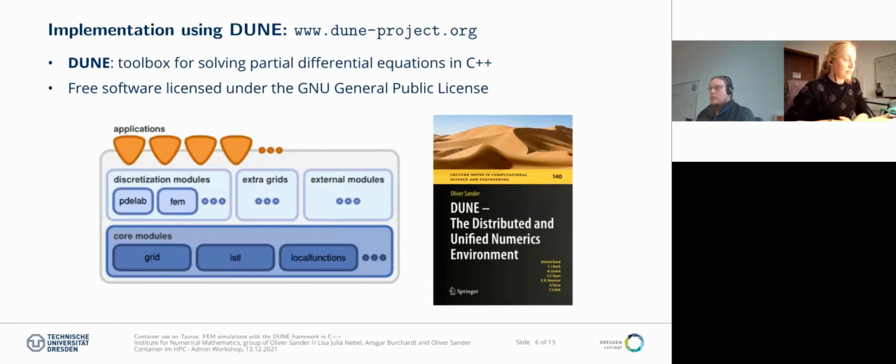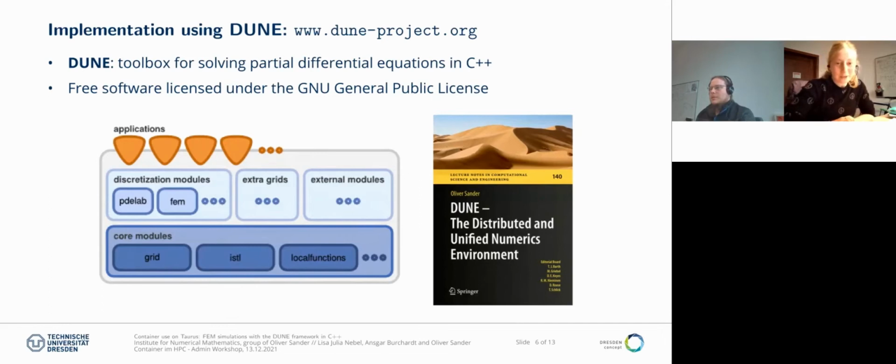And here on the right side, you can see a book that was published by the end of last year, written by our professor. It's published by Springer. And if you're interested, then you can just click on the book, and then you will be redirected to the Springer website, and can have a look.